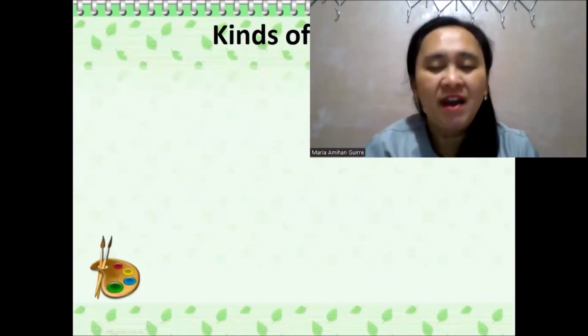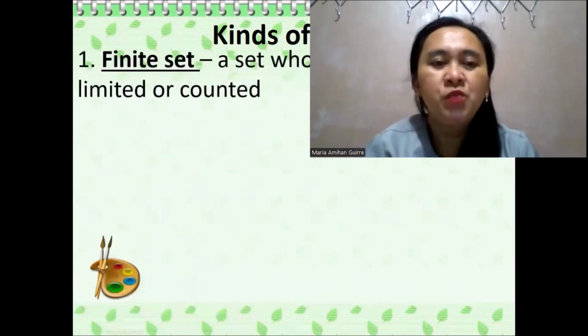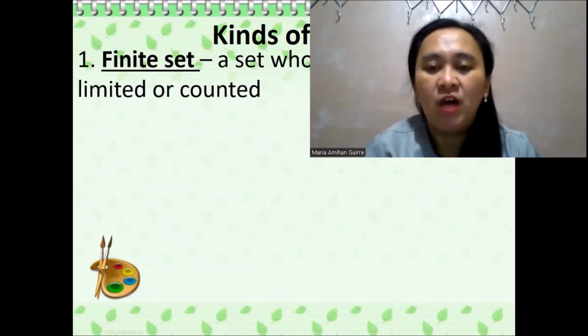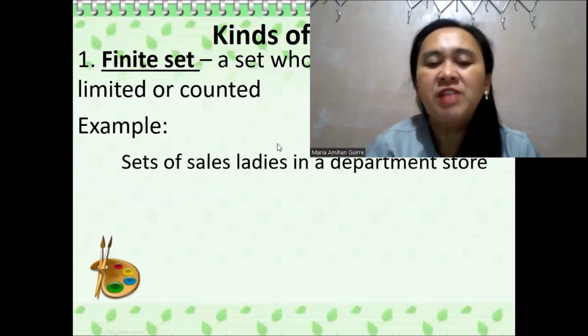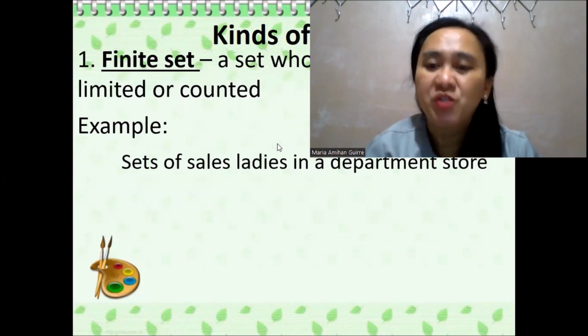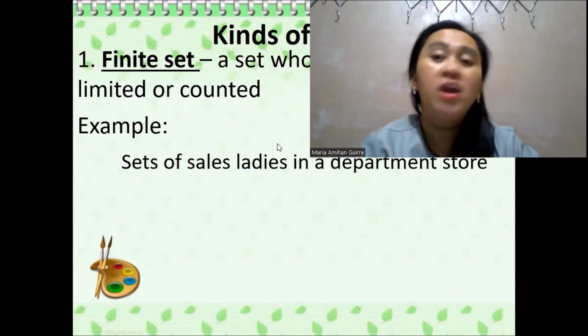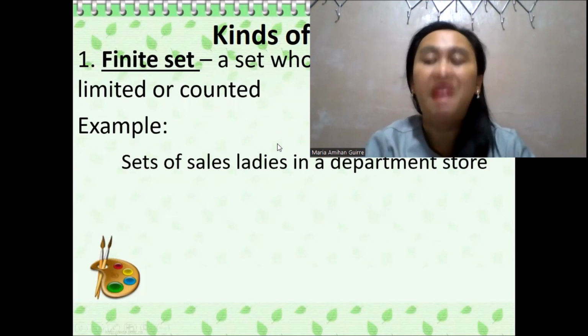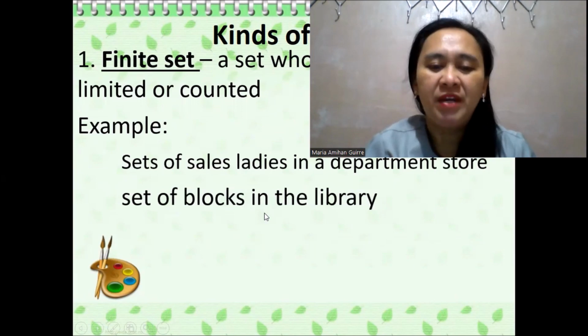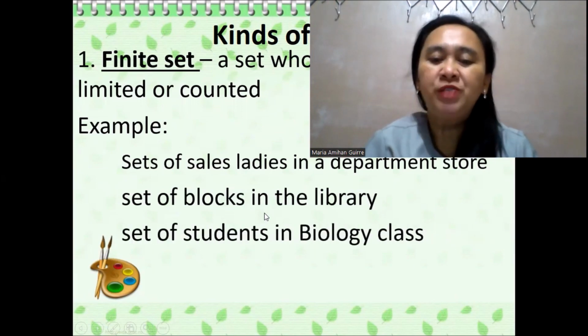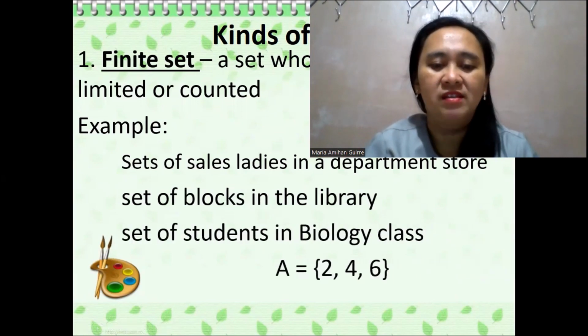We have different kinds of sets. The first one is the finite set. It is a set whose elements are limited and can be counted. Examples: a set of salesladies in the department store, a set of the number of students in Grade 7, a set of books in the library, a set of students in biology class.